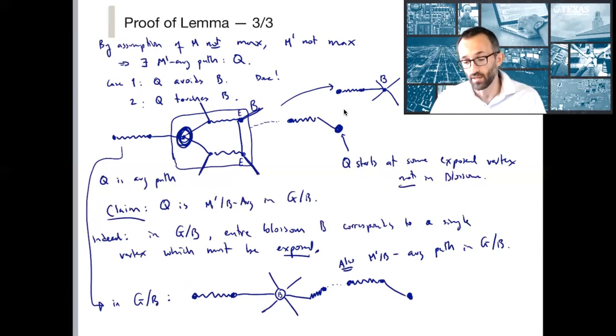I don't care which of the nodes on the odd cycle. And therefore, because Q is augmenting in the uncontracted graph, then Q mod B is augmenting in the contracted graph. Again, the whole point is that B remains exposed, and that basically concludes this key result. Concludes this lemma. Okay, so what have we learned so far?